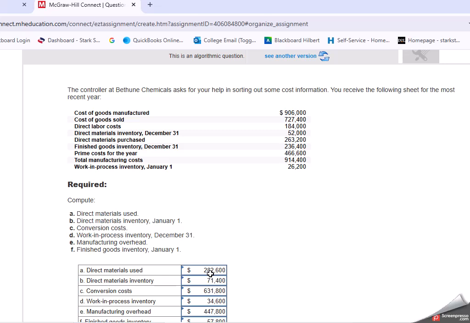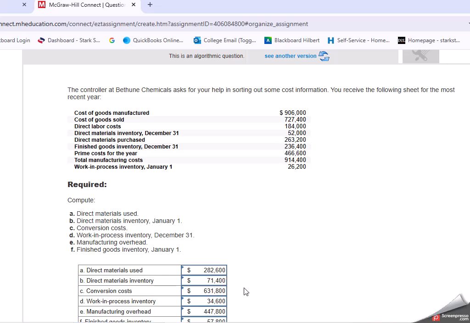We know what we purchased, 263,200, and we subtract that from what was available. So what was available was the 282,600 plus the 52,000 at the end, and then we subtract what was purchased, 263,200, and that gives us the 71,400.